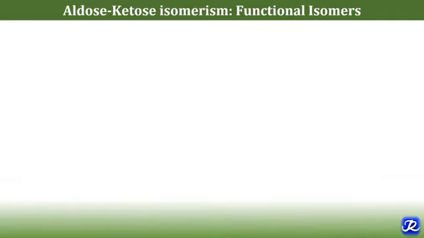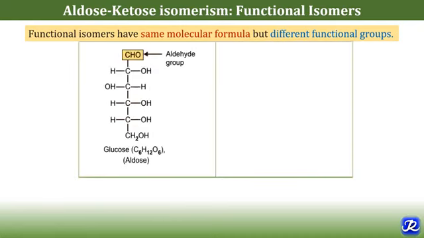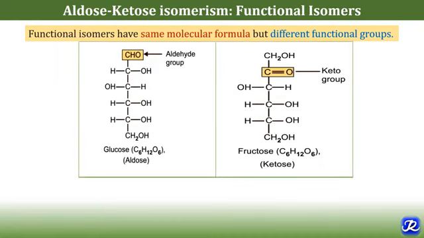Second type of isomerism is aldose-ketose isomerism, and the isomers are called as functional isomers. They have the same molecular formula but different functional groups. For example, glucose and fructose have the same molecular formula, but in glucose, the aldehyde group is present, so it is an aldose sugar, though it is a hexose. It contains 6 carbons.